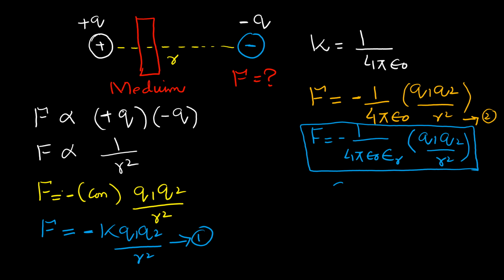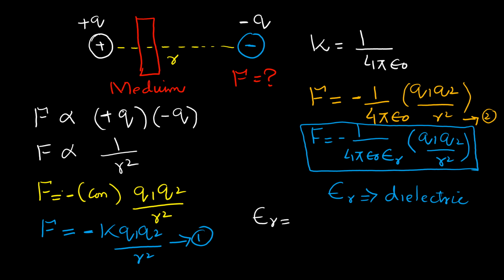Relative permittivity epsilon R is also known as the dielectric constant. It has no unit, and it is a ratio of forces.